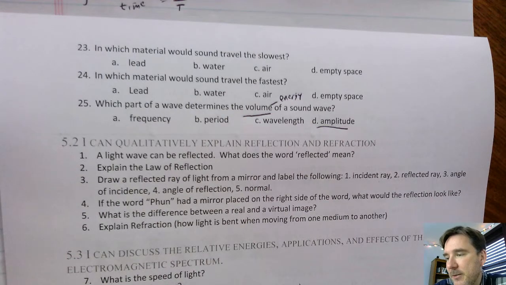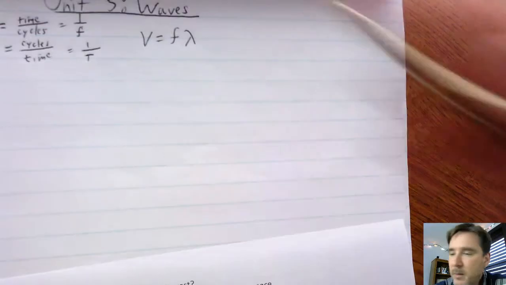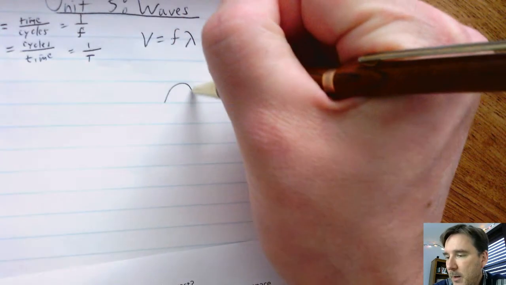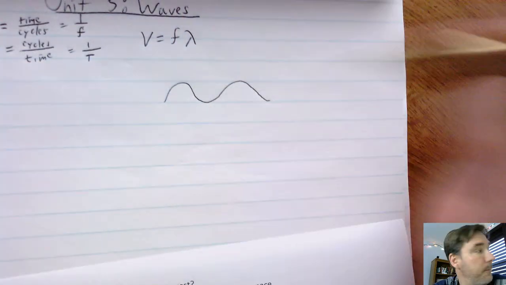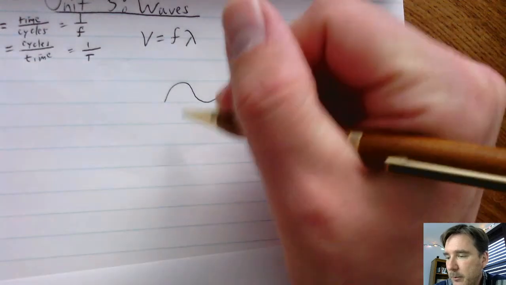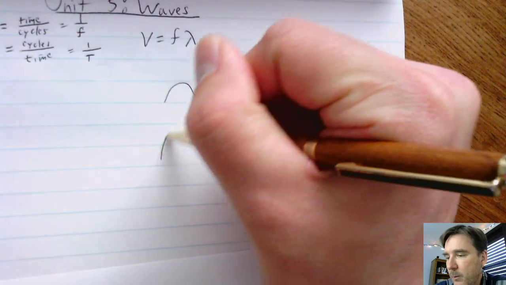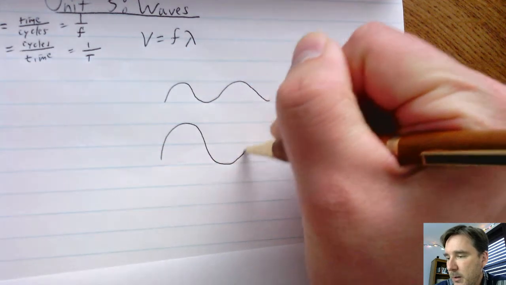So that's just something like, if you think about this, the lab in the hallway. When you made a wave like this, some other groups were making waves much bigger.